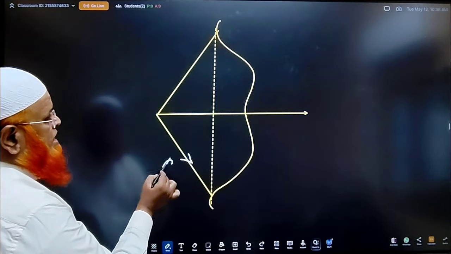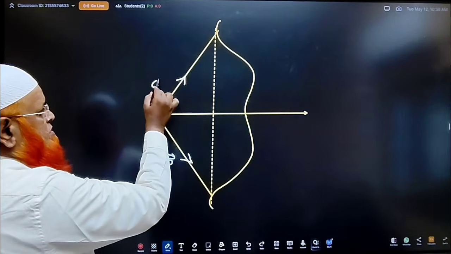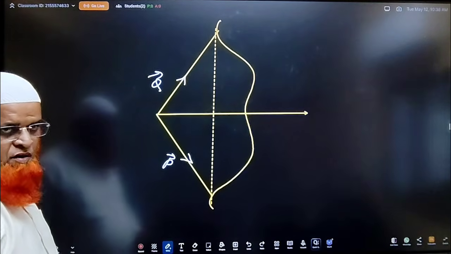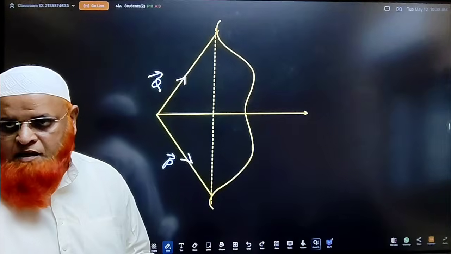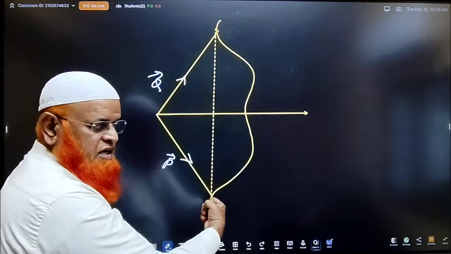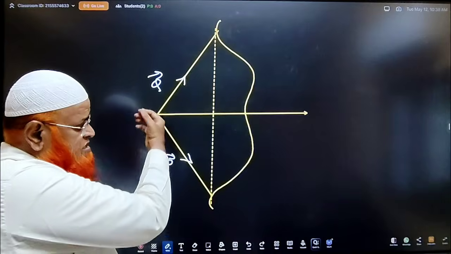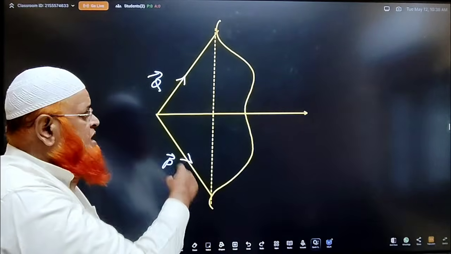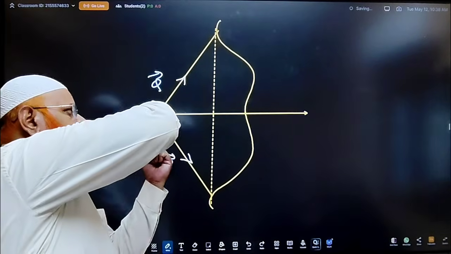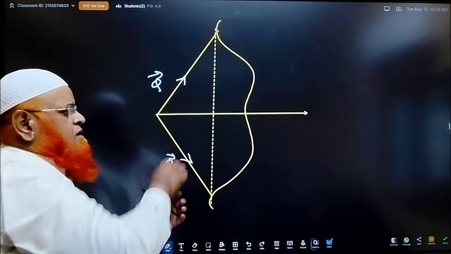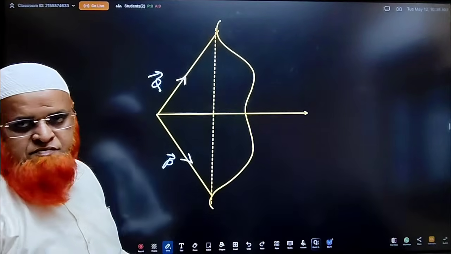See, this is P bar and this is going to be Q bar. These are the two vectors. This is also a force only, no? The string is pulled in this direction. If you pull like this, the reaction force is that the string will pull it back. But when both are pulling in opposite directions, will the arrow go like this or like this?